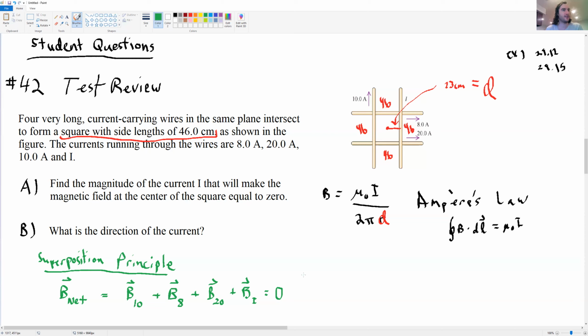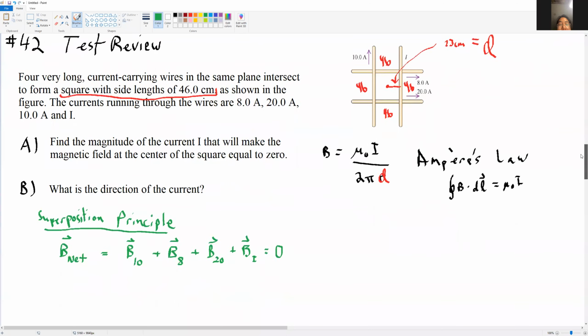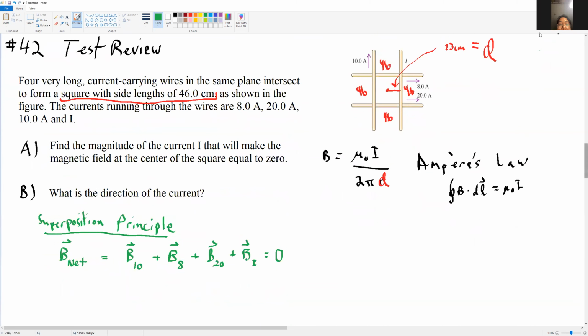So everyone answer this question. For the leftmost wire, the 10 amp current wire, I want you to use the right hand rule to determine whether the magnetic field is going into or out of the screen at the center point. Into or out of. You can put your answer in the chat.